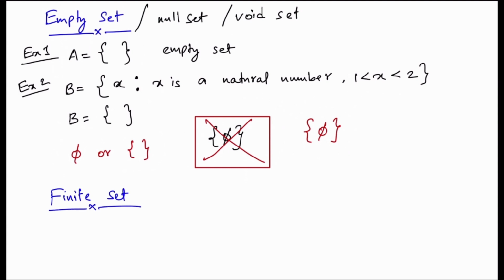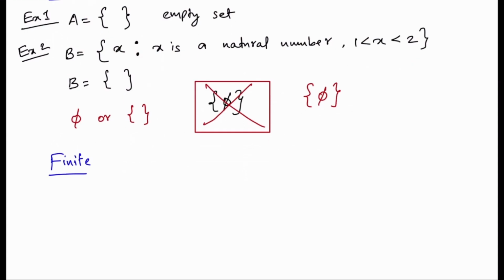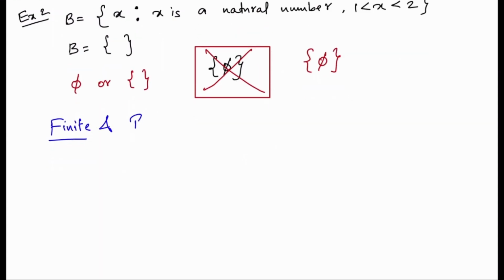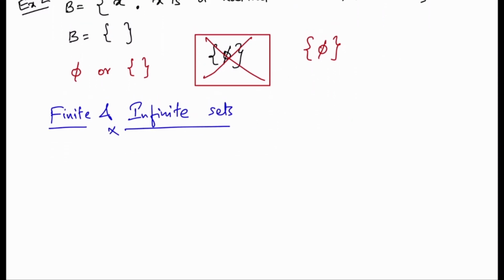What is a finite set? We will discuss two things together, that is finite and infinite set. We're going to discuss both of these simultaneously. Now, what is a finite set? A finite set is basically a set that has a definite number of elements.